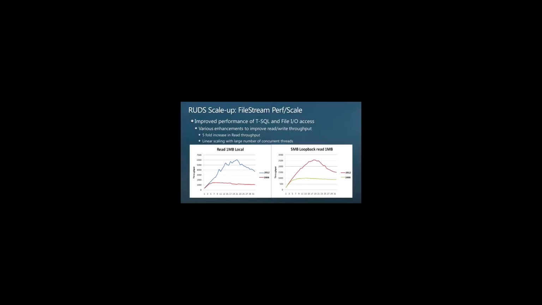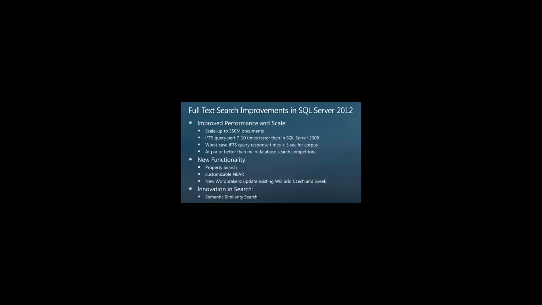Once we had improved our performance in storage, another big performance improvement we looked at was around the search services. In full-text search, we looked at being able to scale up to 100 to 500 million documents, depending on size.